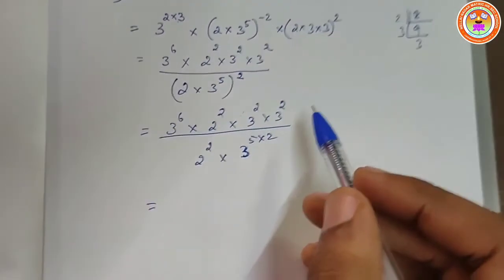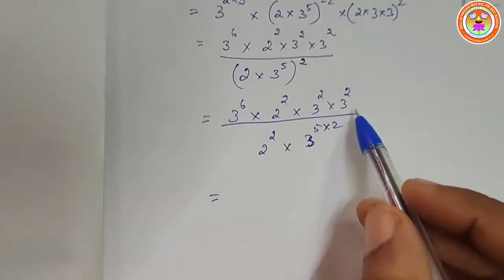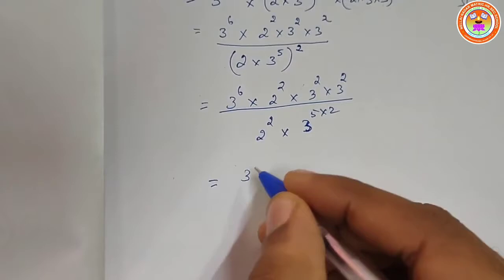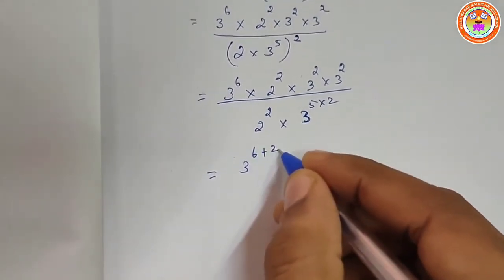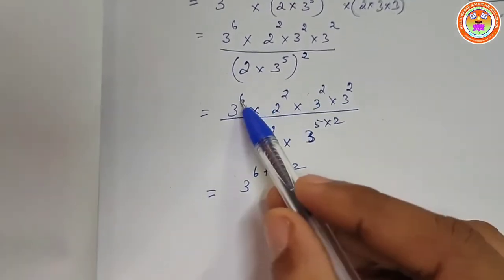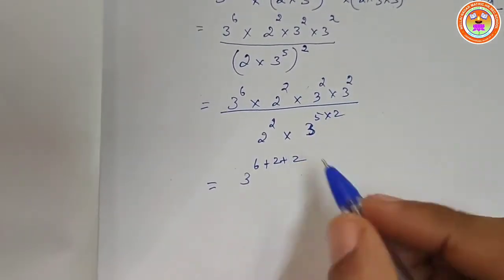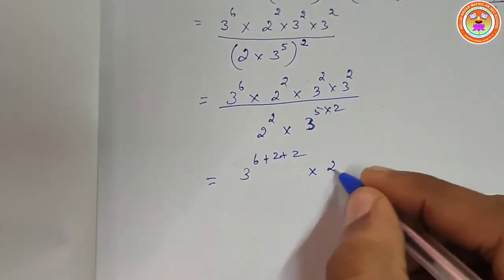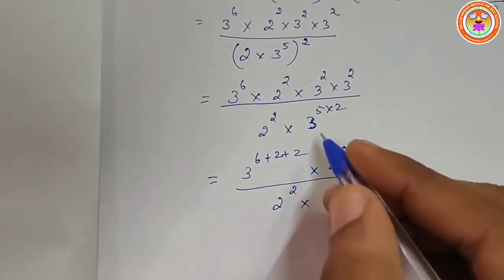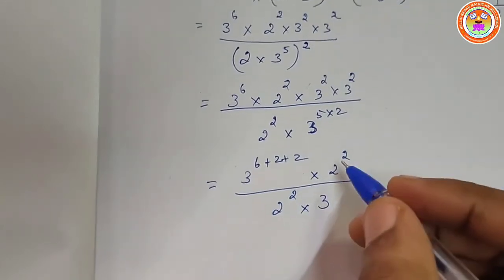Finally add the powers. If the bases are same, you can add the powers. 3 power 6 plus 2 plus 2. 6 plus 2 plus 2, into 2 power 2 divided by 2 power 2 into 3 power 5 2s are 10.